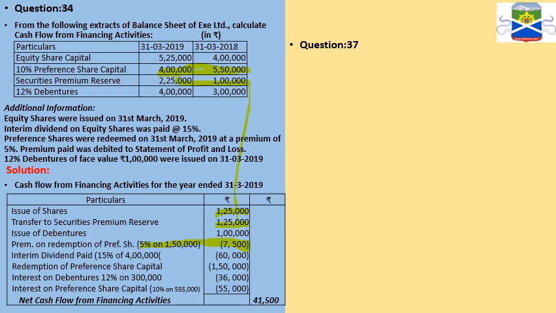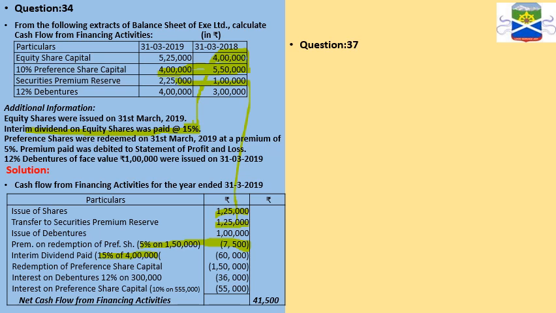So now interim dividend is 15% of 4 lakh. In this question it is given that the equity share will get the dividend at 15%, and 15% will always be calculated on the opening balance. Opening balance is 4 lakhs.